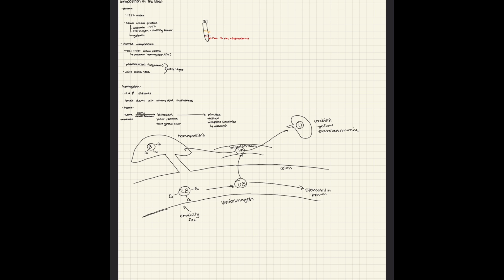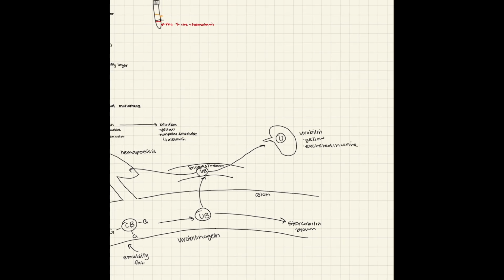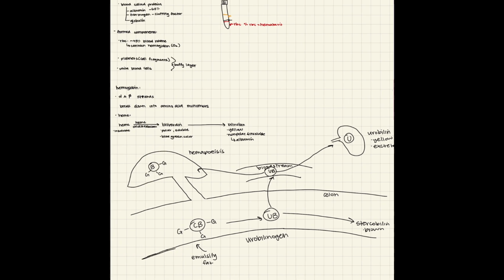And the way that we fix jaundice, especially in infants who don't have the ability to add this glucuronic acid yet, their liver isn't fully formed and matured, so they don't have this glucuronic acid. They also don't have the gut bacteria to make stercobilin, so they won't have stercobilin being excreted yet.